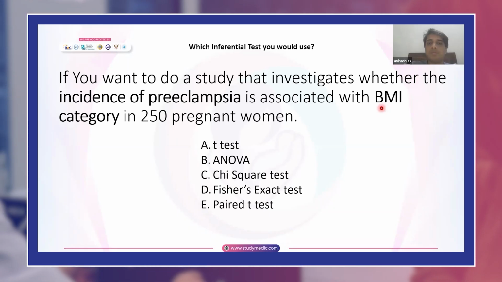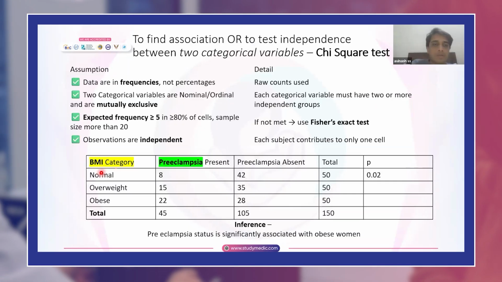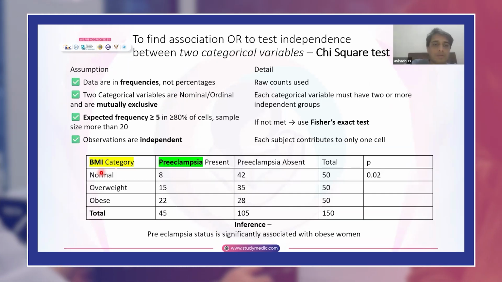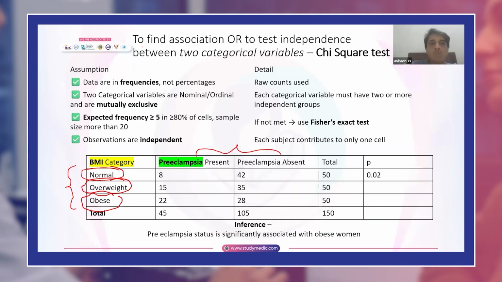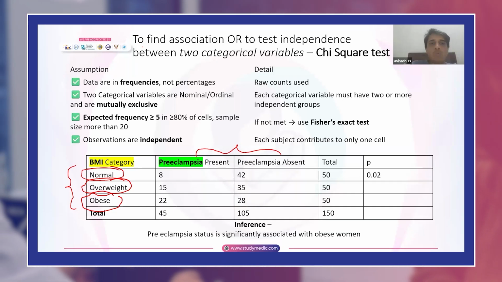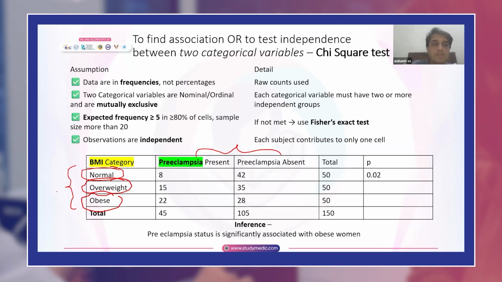You can see there are three BMI categories, so it's a categorical group. So you want to find out the association between two categorical groups. That means whether preeclampsia status is associated with BMI category or whether preeclampsia status is independent of BMI category.